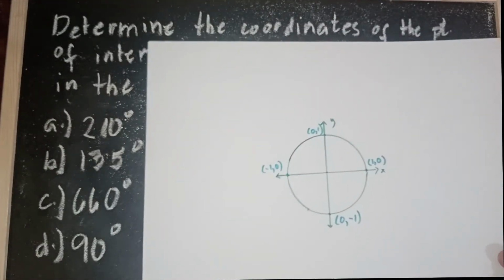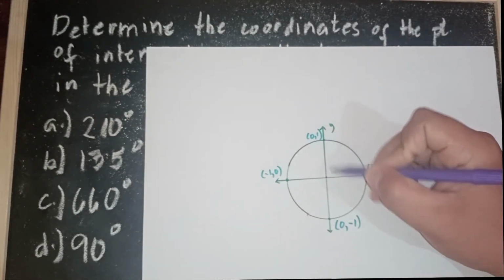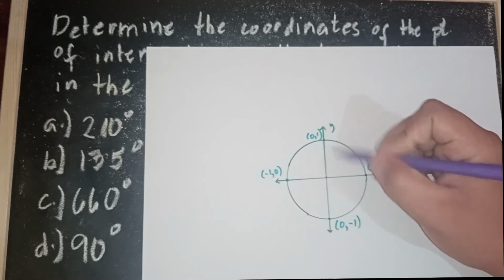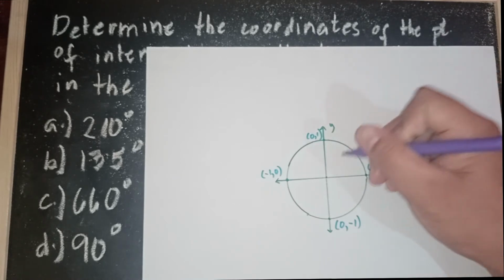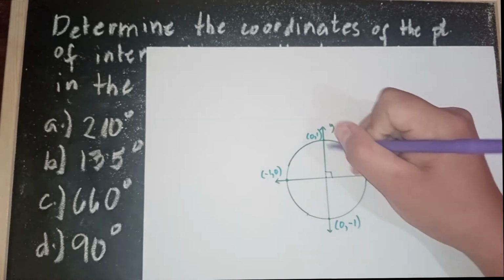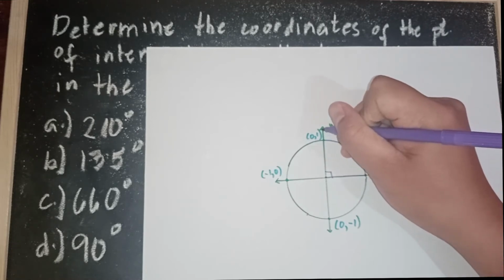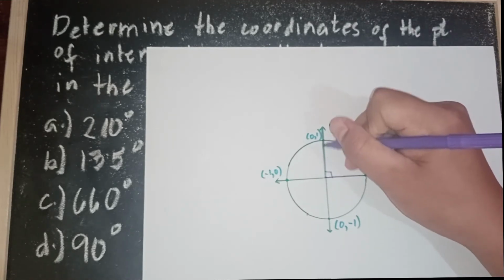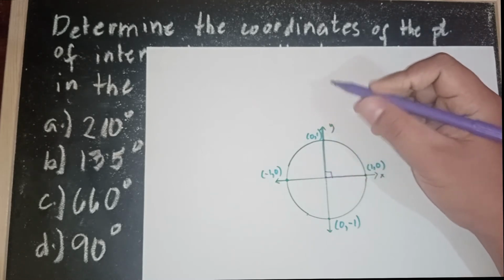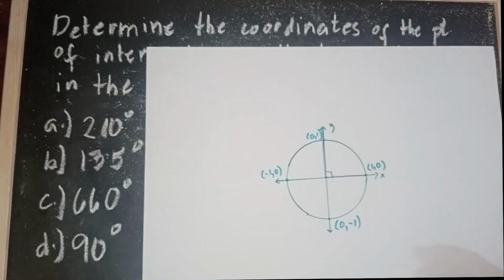A quadrantal angle, mga boss, is an angle whose terminal side lies on either the x-axis or the y-axis. In this unit circle, 90 degrees is this angle. From here, this is the initial side and this is the terminal side of the 90 degree angle. It's a quadrantal angle because the terminal side of a 90 degree angle is the positive y-axis.